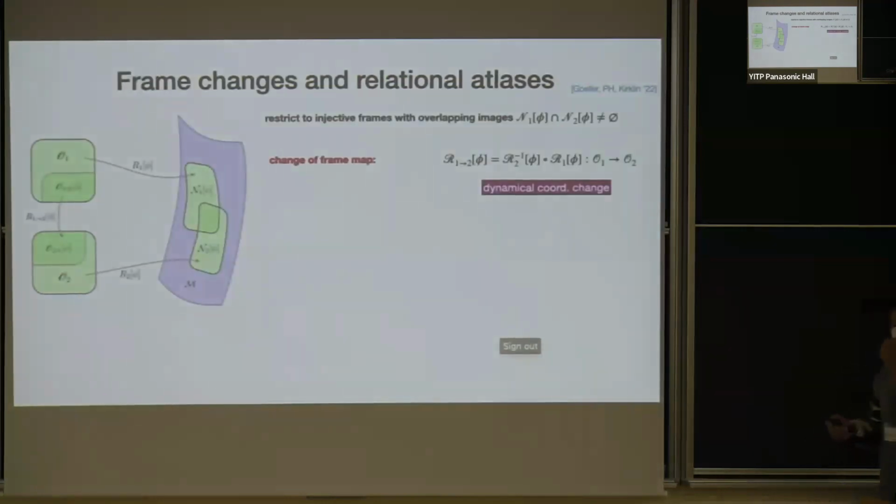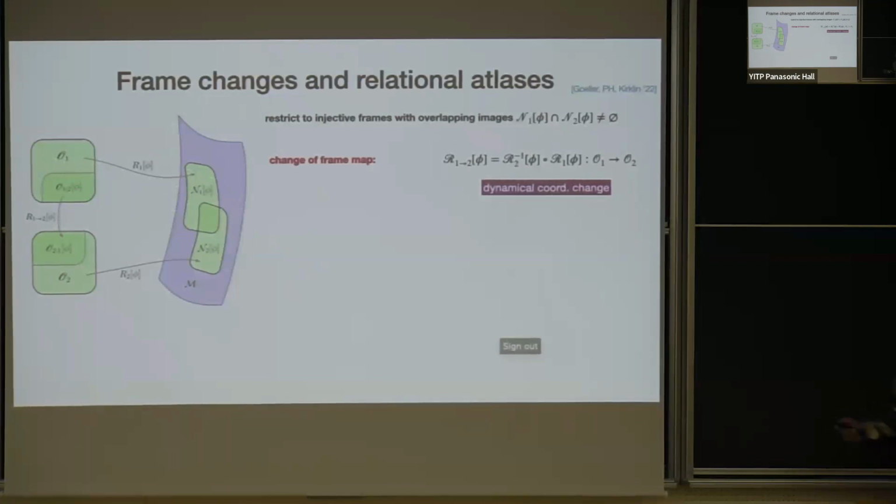Okay, now that we have dynamical frames, we can also consider changes of dynamical frame, coming to the question of dynamical frame covariance. It's probably best described again by such a picture here. Suppose we have two dynamical frames whose spacetime support overlaps somewhere, and they're injective.